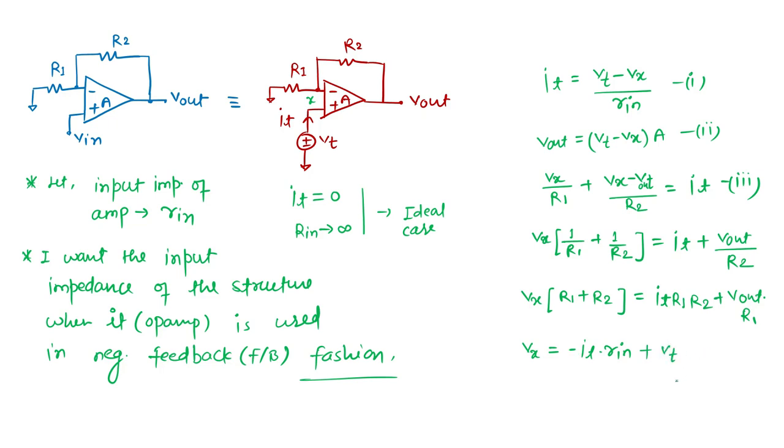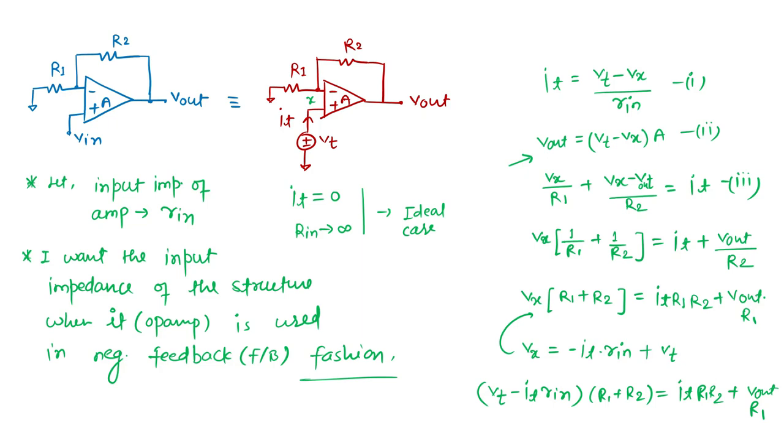This is one more relation for Vx. If I put Vx here, then we have Vt minus It rn times (R1 plus R2) equals It R1 R2 plus Vout R1. And Vout also has some relation from here, so we can eliminate Vout.